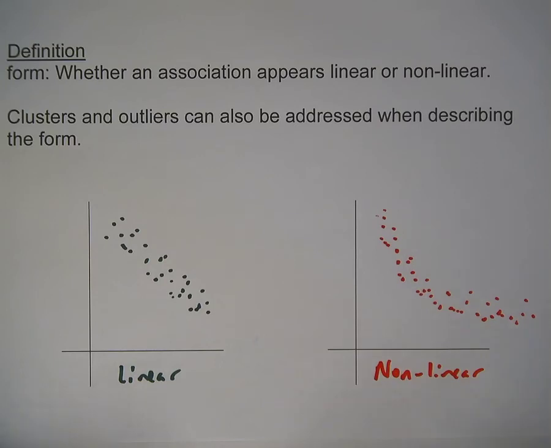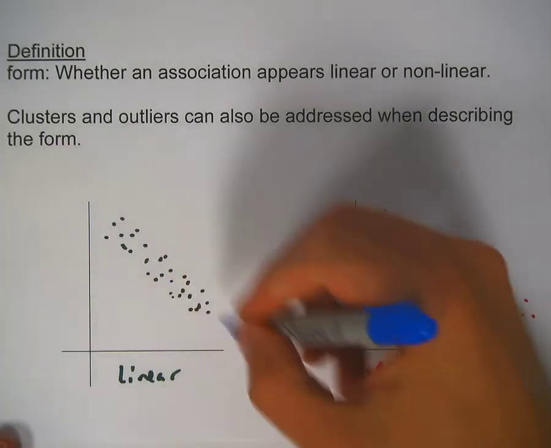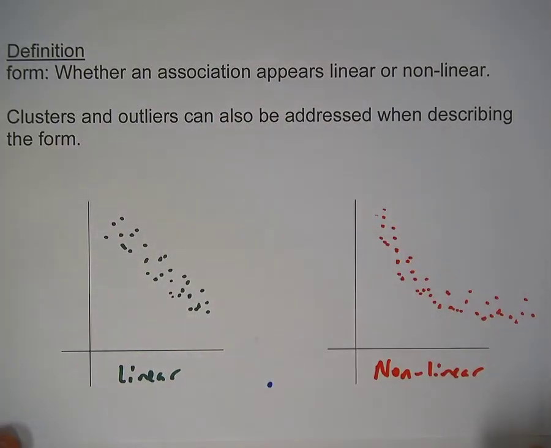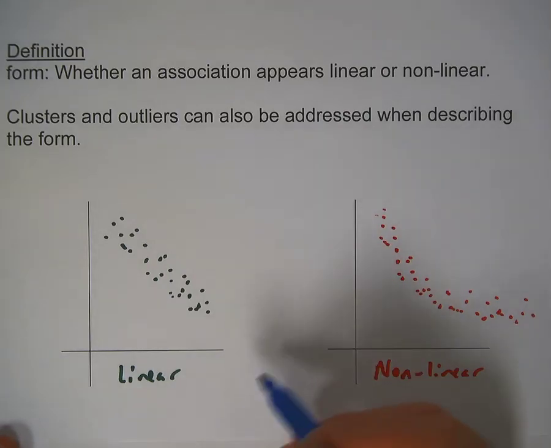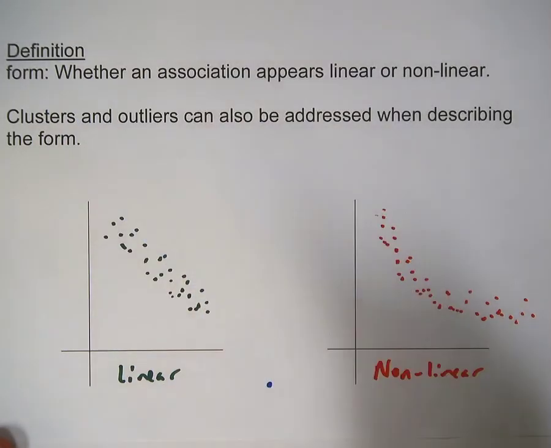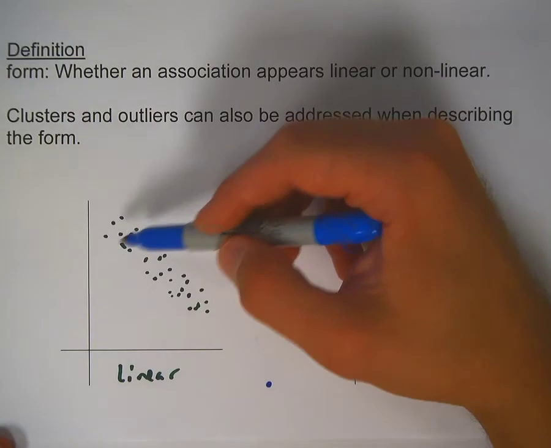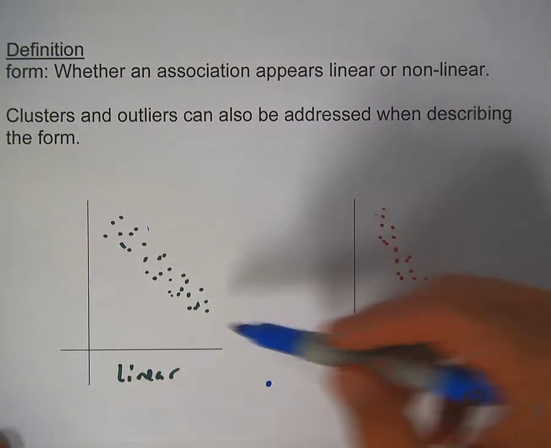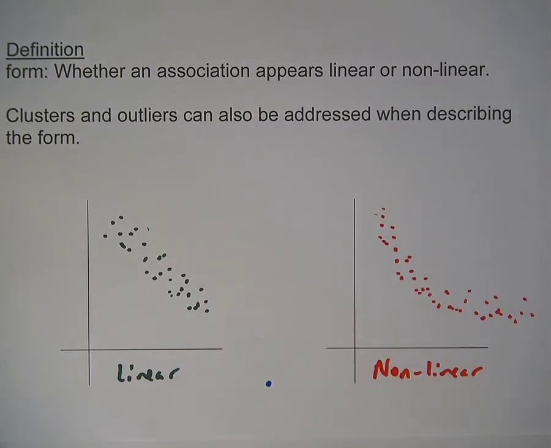Again, you can also talk about clusters and outliers. This association might have an outlier down here. Maybe you have a big cluster of points here and an outlier way down here. You can talk about that cluster and that outlier. Those are two other things you can talk about in terms of form.